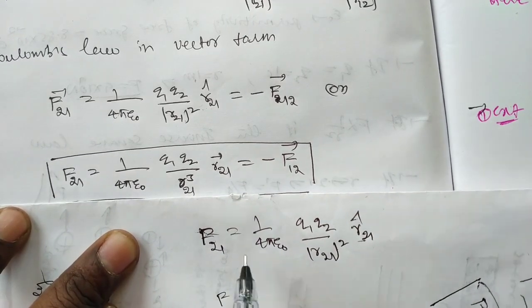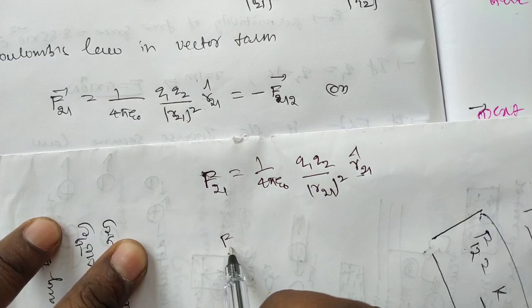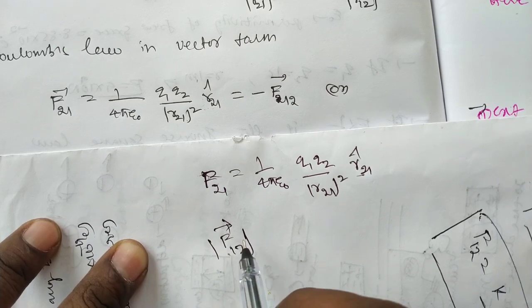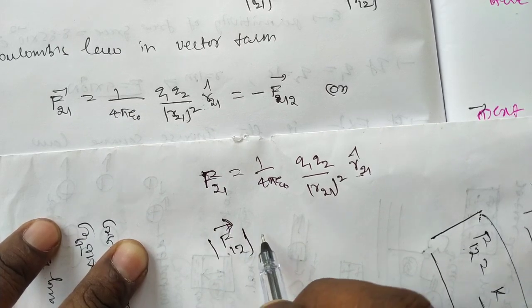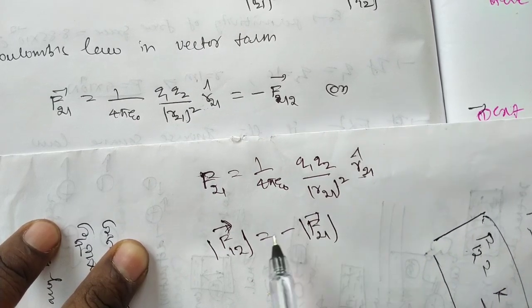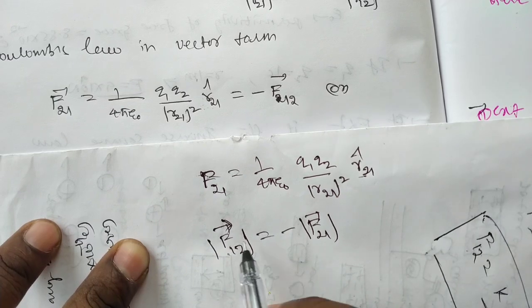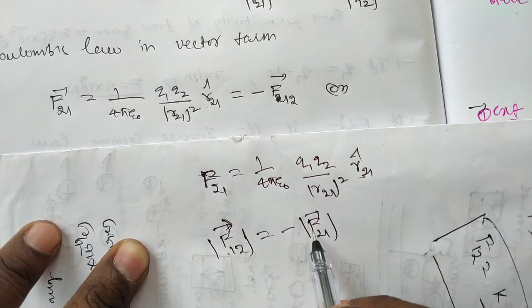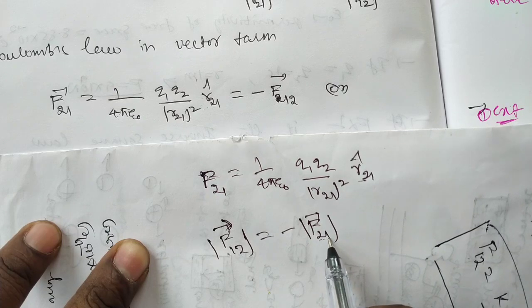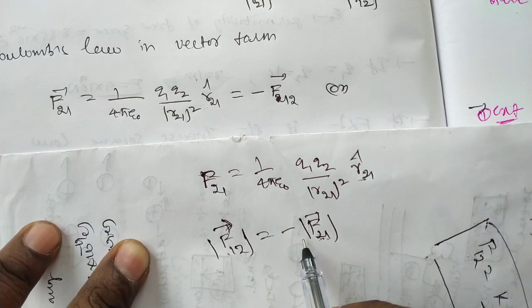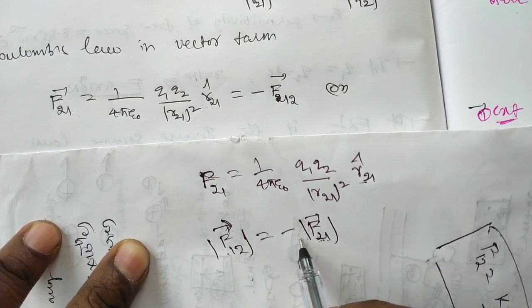From this equation we can conclude that F12 is equal to, it is a vector, force is a vector, F21. Here we conclude that the force on the first charge due to the second charge, and the force on the second charge due to the first charge, always have the same magnitude but opposite direction.